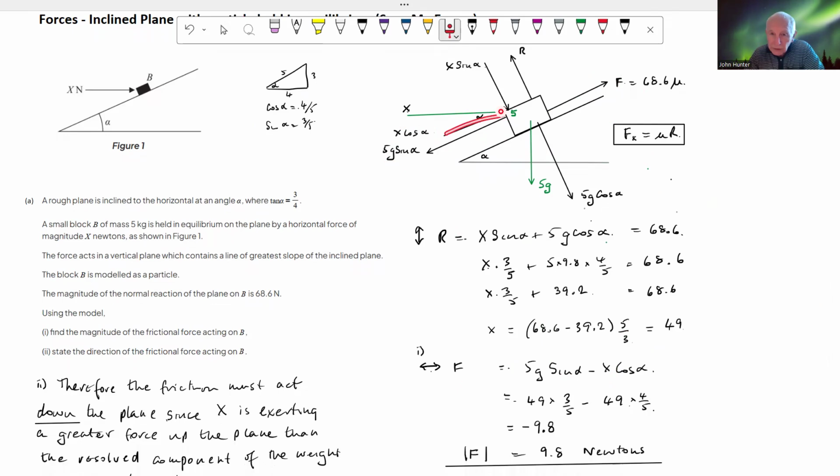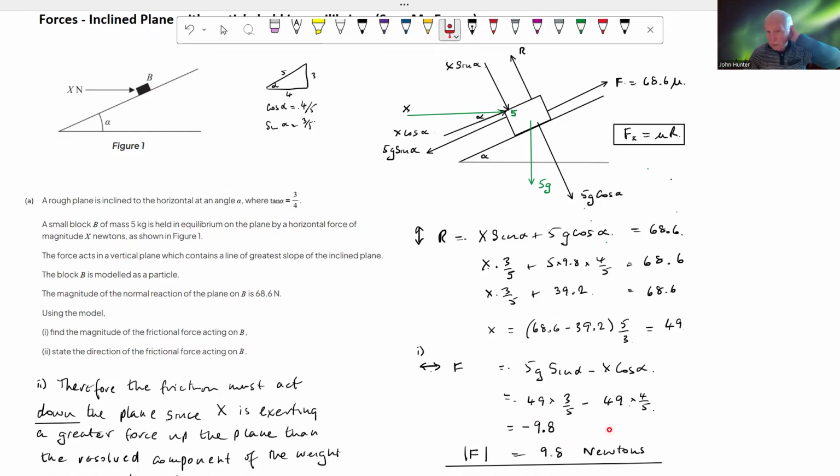Well, this is acting in the same direction, isn't it? So we've got minus x cos alpha, because F plus x cos alpha equals 5g sine alpha, but I've written it that way. Again, we know all of it, don't we? We know x now, 49. So if we put all that in, then what it works out to is minus 9.8.